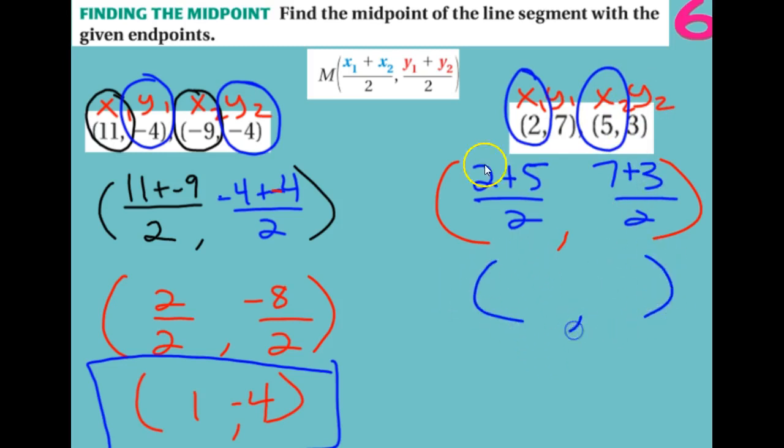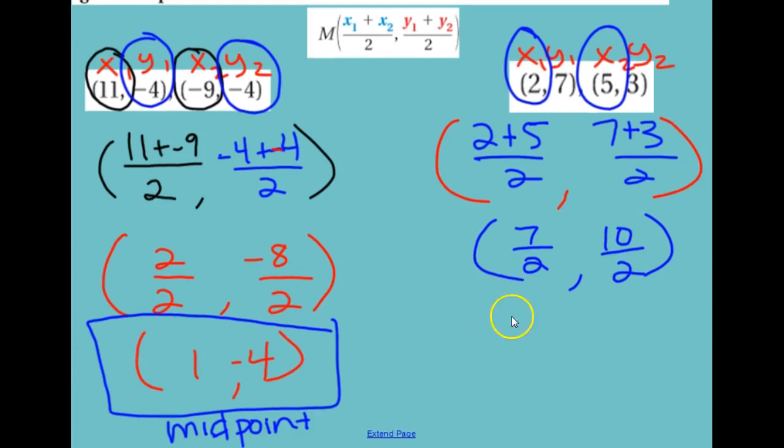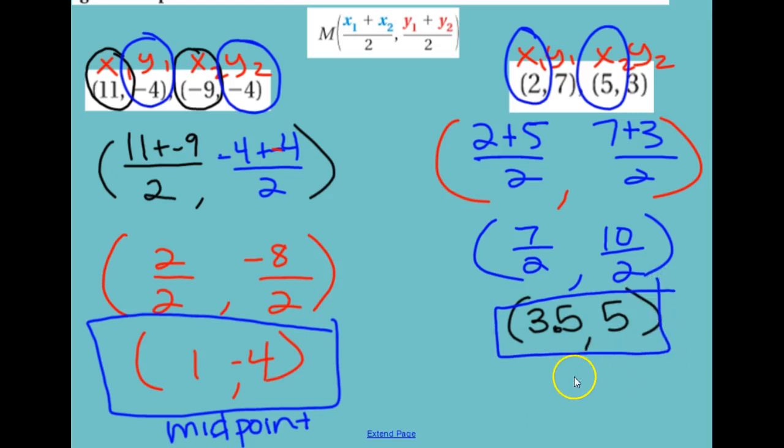So if we simplify that, 2 plus 5 is 7, and divide by 2. 7 plus 3 is 10, and divide by 2. So our point, well now 7 divided by 2, not going to be a nice number, but that's okay. 7 divided by 2 in our calculator would give us 3.5. 10 divided by 2 is 5. So there is our midpoint, that is right in the middle between the two endpoints.